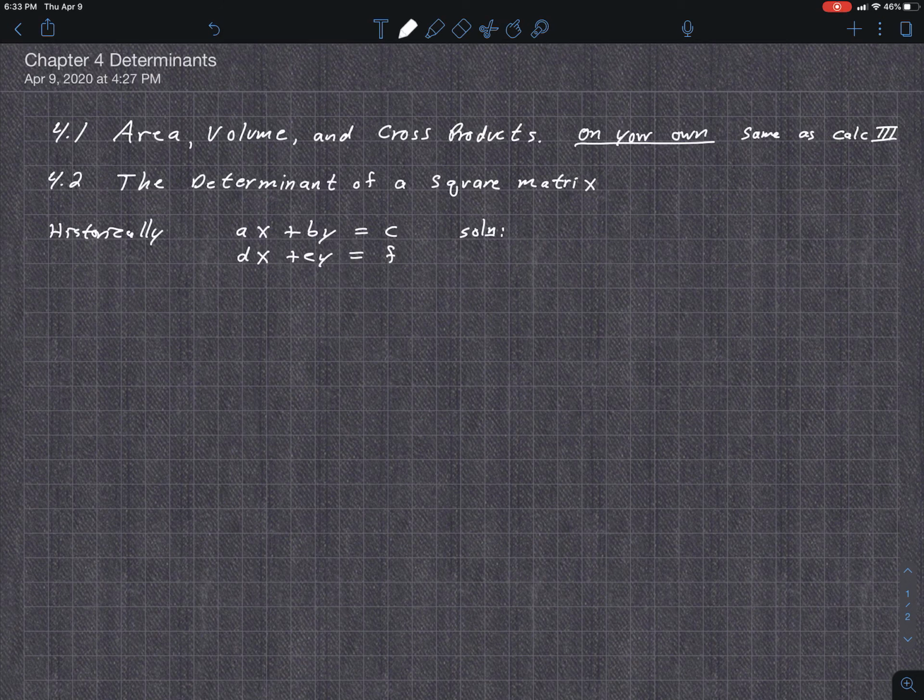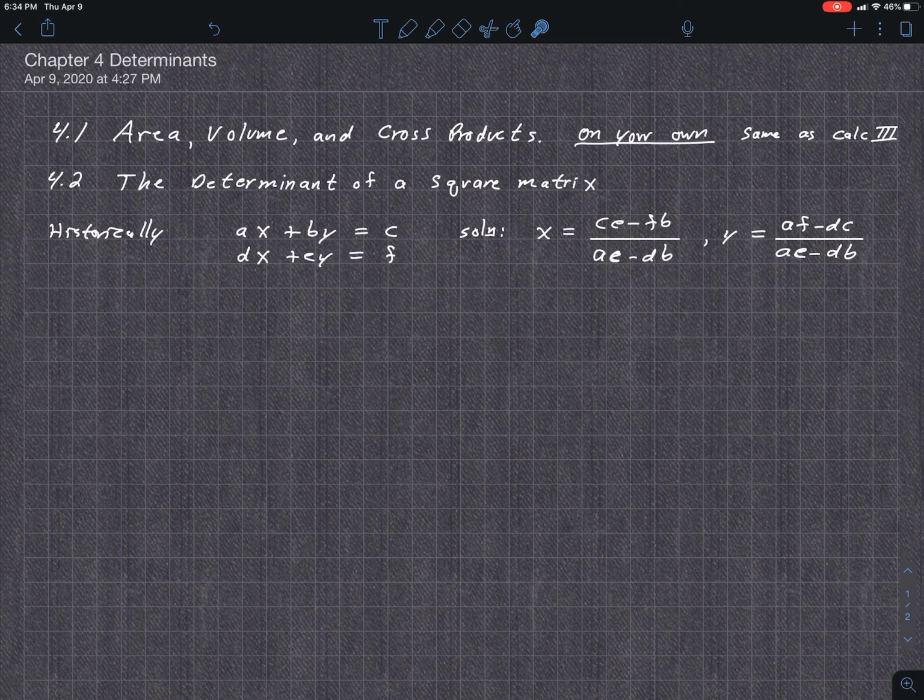And you can calculate and show that, if you just did the normal operations, the solution for x is CE minus FB over AE minus DB, and y is AF minus DC over AE minus DB.